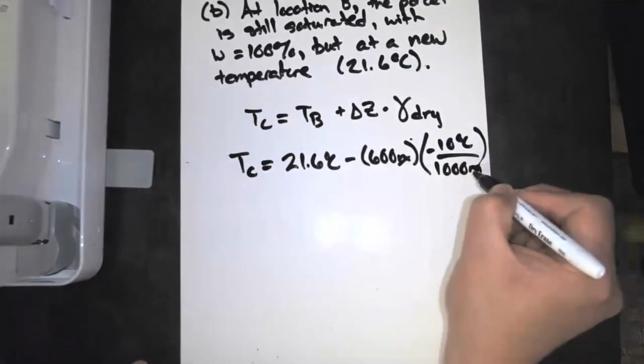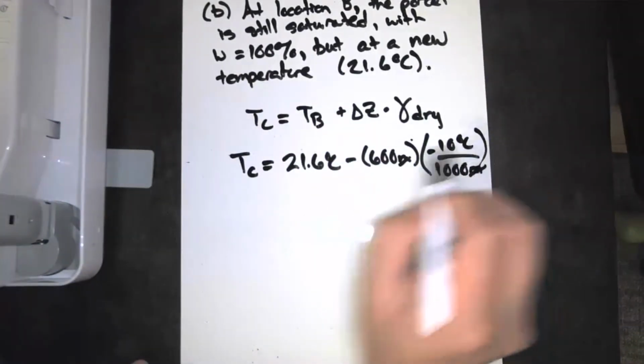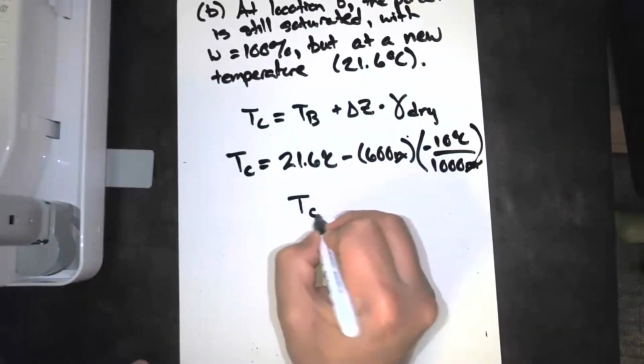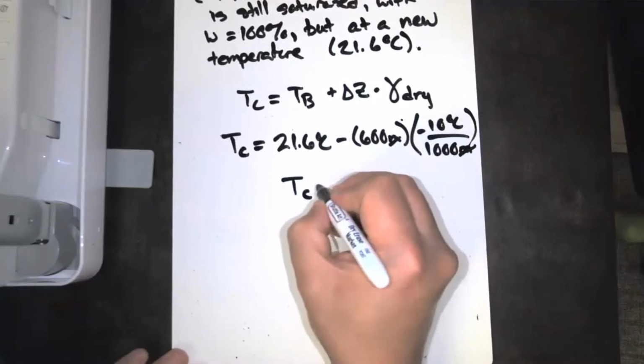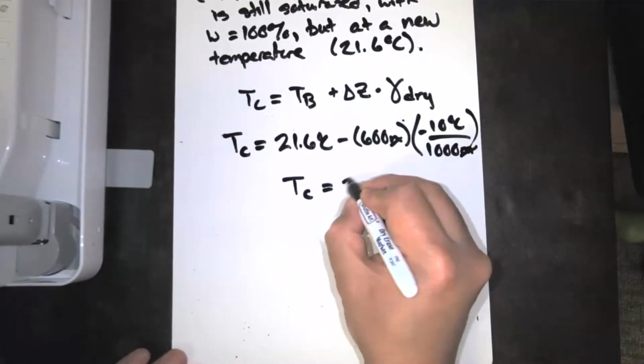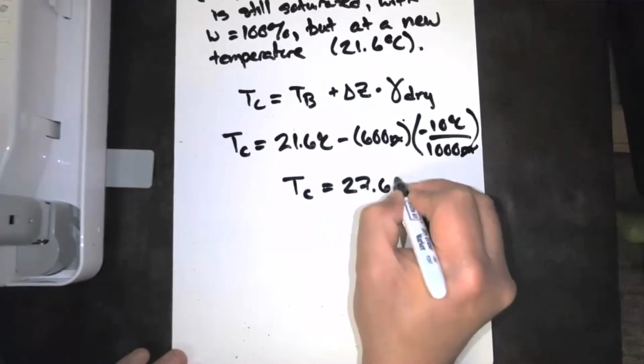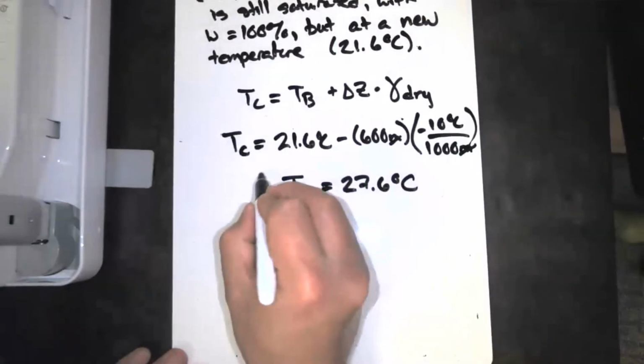So the meters here cancel out. We're left with degrees Celsius. When we turn the numerical crank, we get a final temperature at location C of 27.6 degrees Celsius.